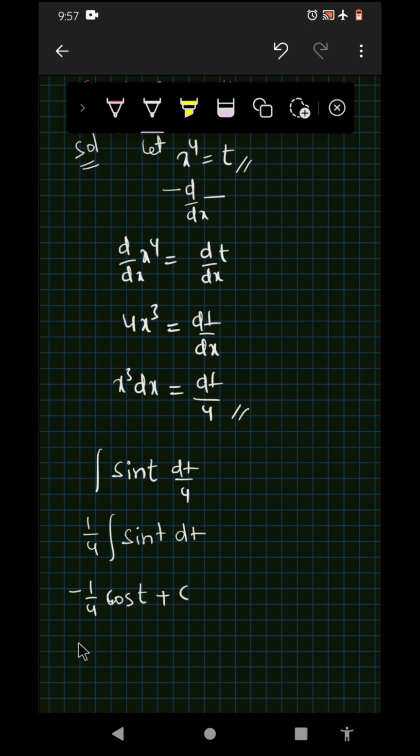So now it's minus 1 by 4 into cos of t, and t is equal to x power 4, so write x power 4 in the place of t, plus c is the answer for the given problem.